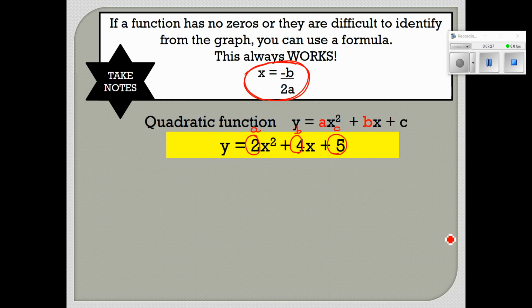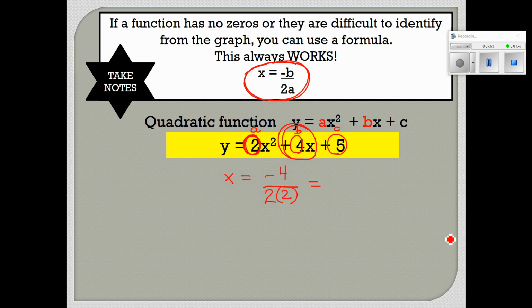So if we say that x is equal to -b over 2a, first we find the b, which is the number or the coefficient in front of the x, that's 4, but we want the opposite of it. So -b would be -4, and on the bottom we have 2 times the a term. Well, the a term is in front of the x squared, so that's 2, so we have 2 times 2.